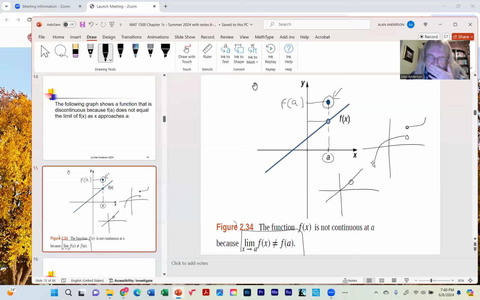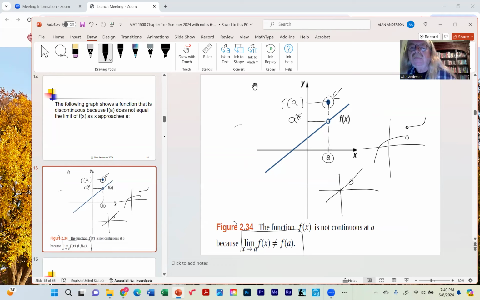Now, here's an interesting case. We have a hole, but we've also got a point which represents f of a. So this is a very oddball case because f of a is defined, but it is not equal to the limit. Where the limit is right here, let's call this a star.